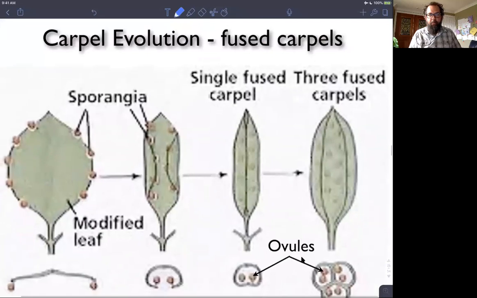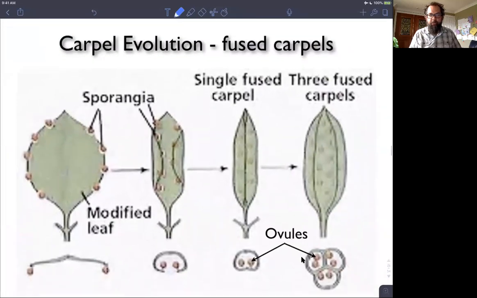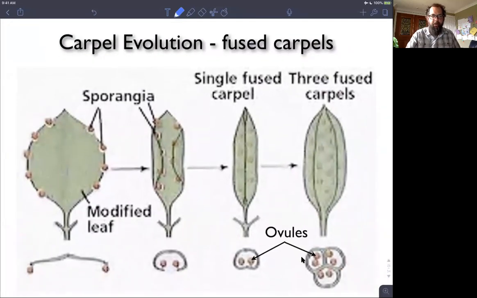And to get from a simple pistil to a fused carpel, we also have fossil evidence for this. Another crappy scanned slide, I'm sorry. But what we see here is the situation showing a single carpel, that rolling up of that modified sporophyll or modified leaf. If we have several of these arranged near each other on an axis, we can imagine them fusing together. And so here's an example of 3 fused carpels and how that would look.